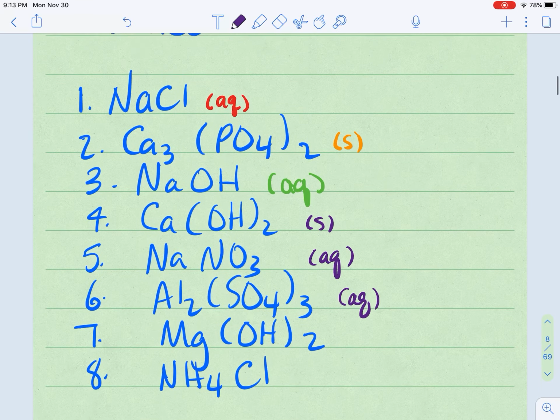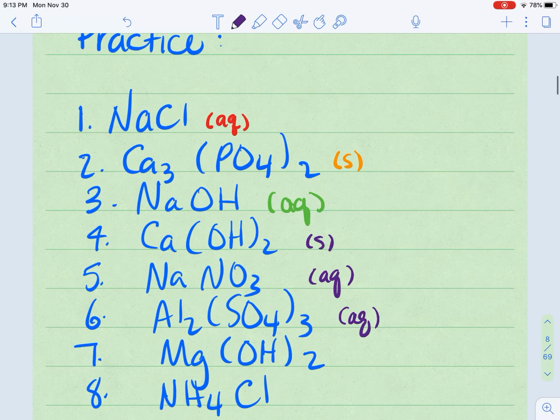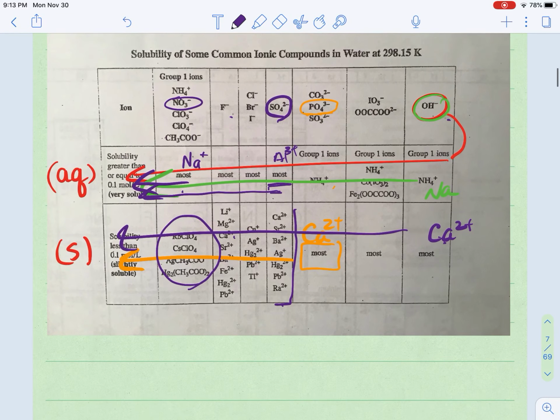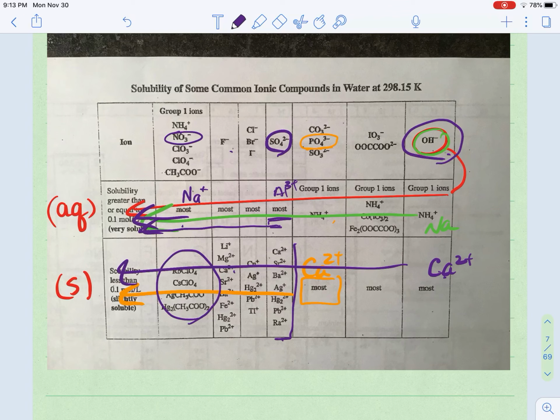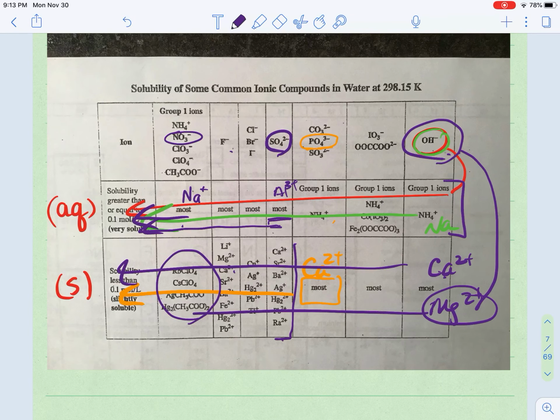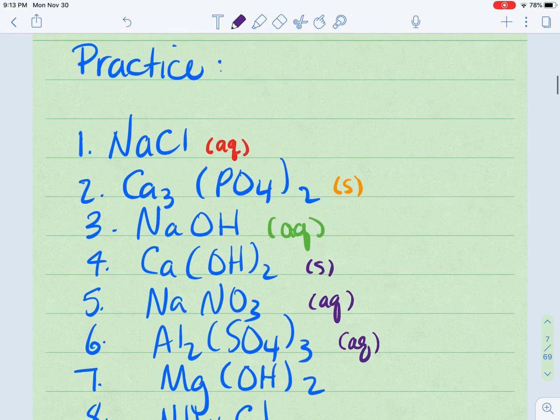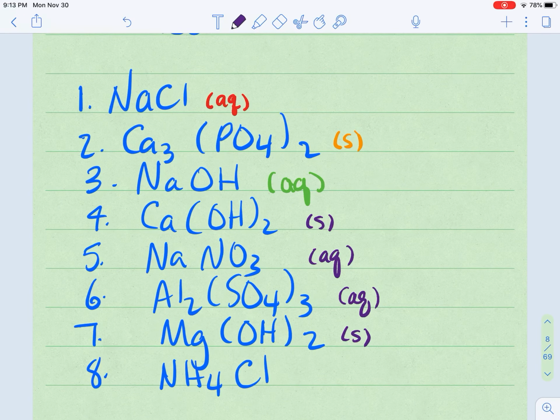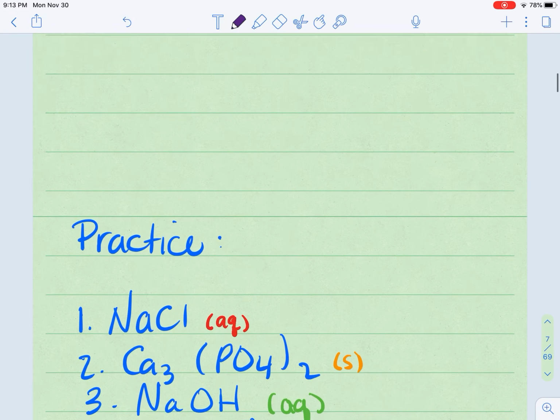Magnesium hydroxide is going to go back to our hydroxide area, and magnesium is not in this category, so we'll assume magnesium is in the group of most things with hydroxide are going to be solid. So we go down here and we indicate solid.